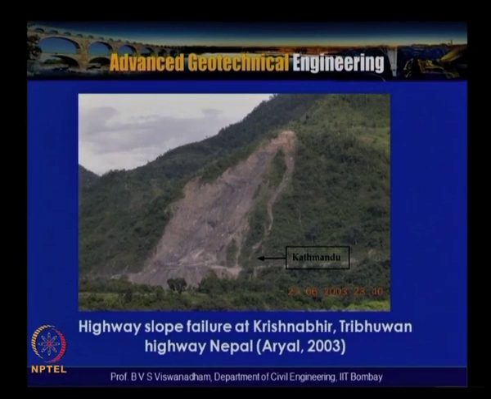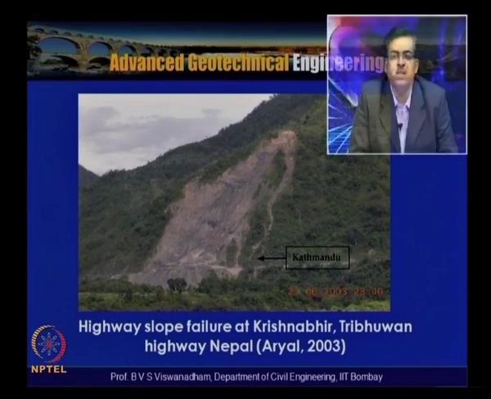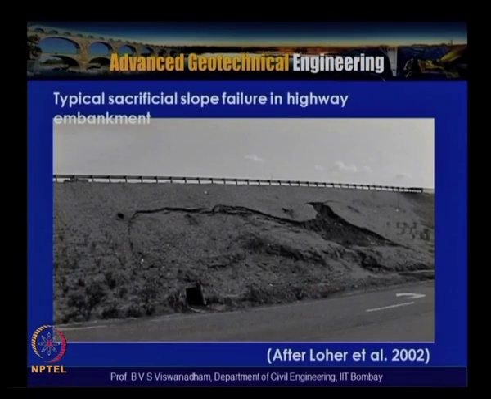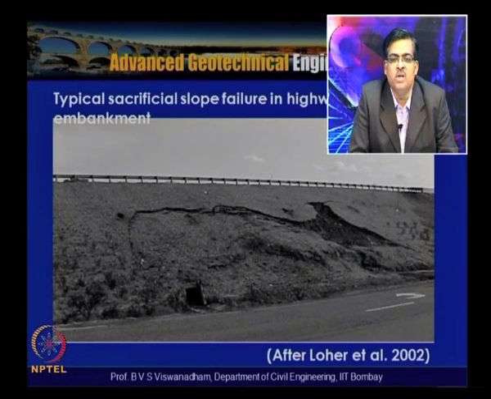So, this is a typical highway slope failure on a hill slope, where it can be seen that the landslide has created distress because of the instability. And this is a typical slip failure in a highway embankment, wherein part of the highway embankment is subjected to slip, which can be predominantly seen in this slide.